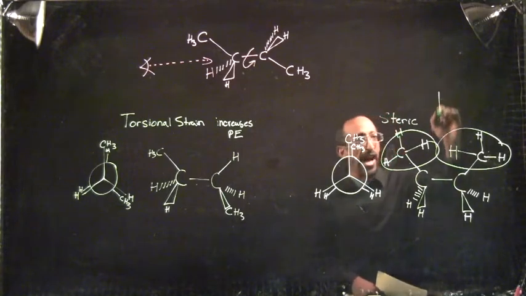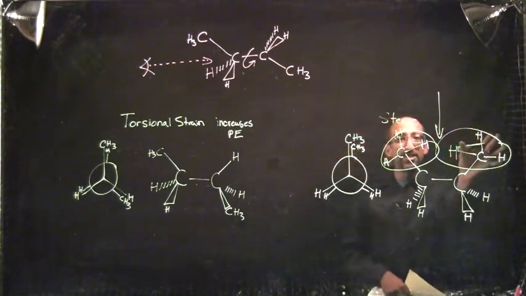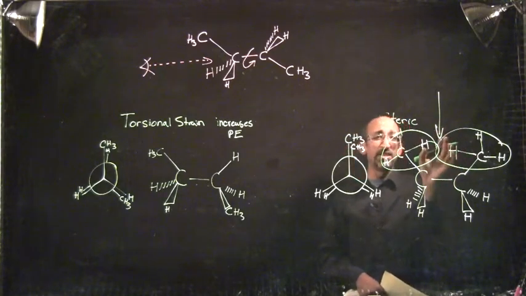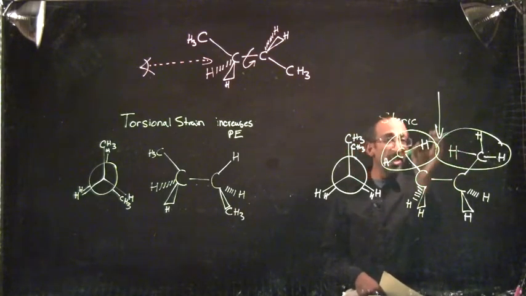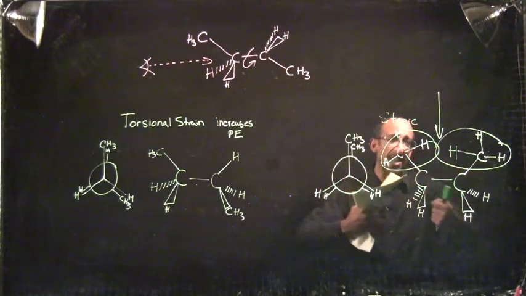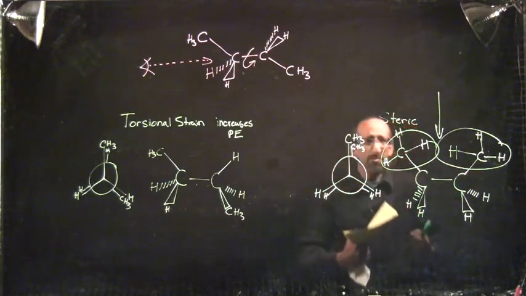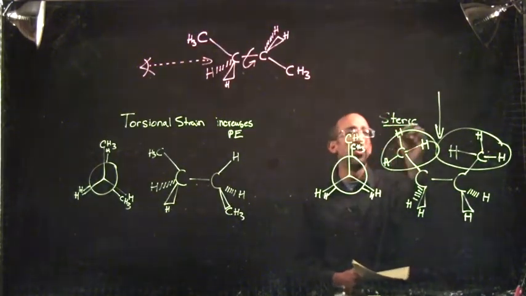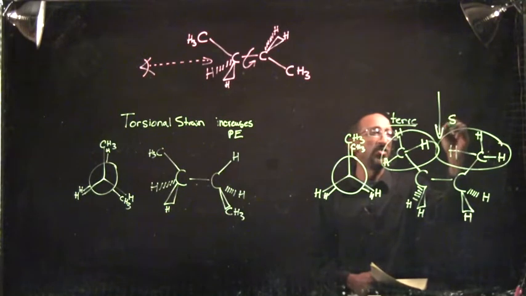And so here now, this methyl group and this methyl group are competing for the physical space in this region. They're actually bumping into each other a little bit and getting in each other's way, and this introduces a new type of strain in the molecule known as steric strain.